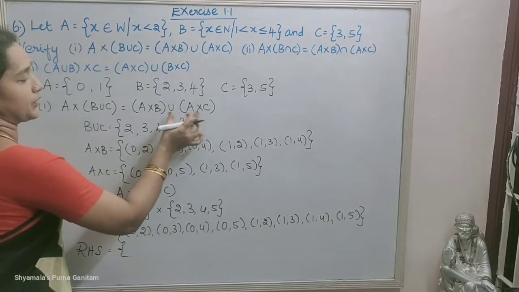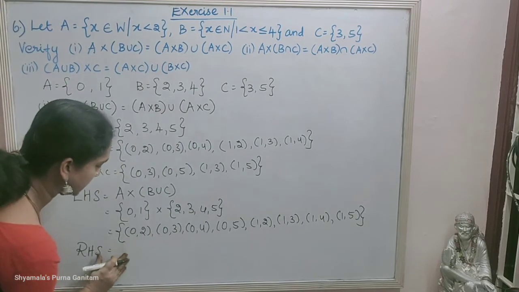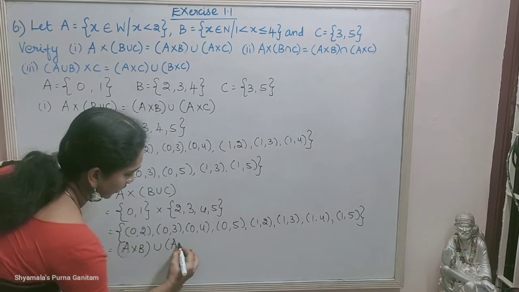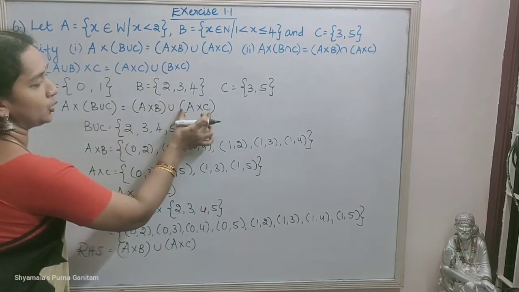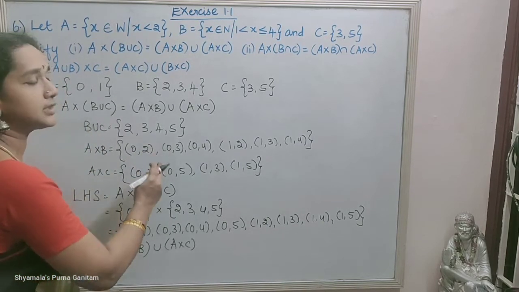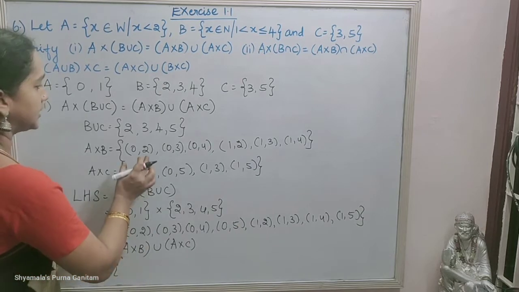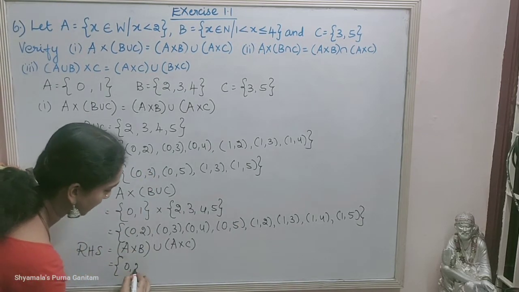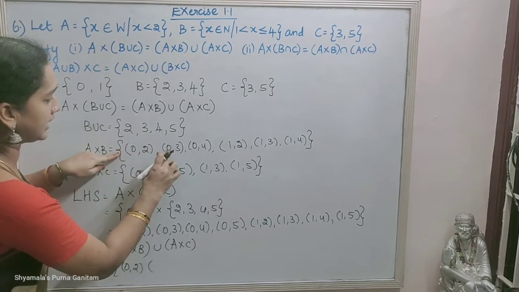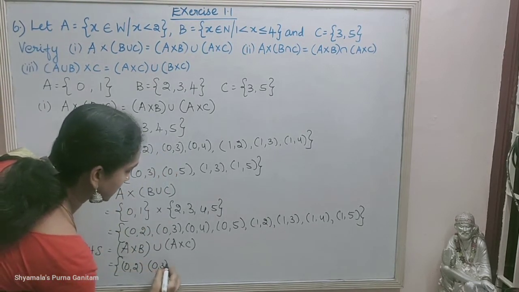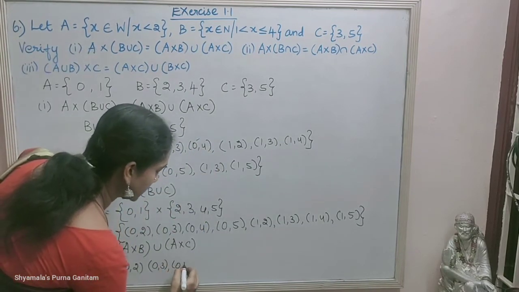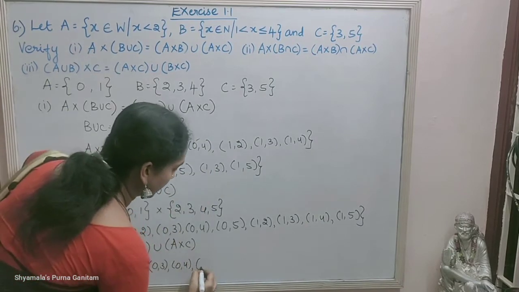Now we find the union, combining these two sets and writing them together. (0, 2), then (0, 3), which is common, so we write it once, then (0, 4), then (0, 5).